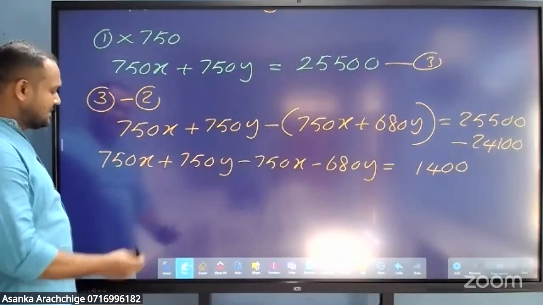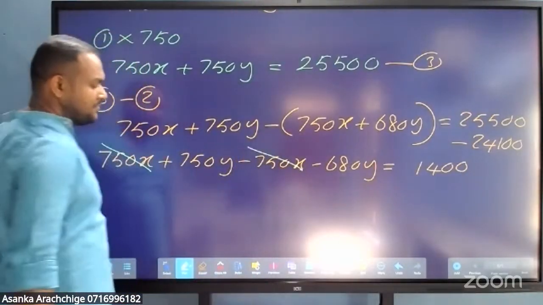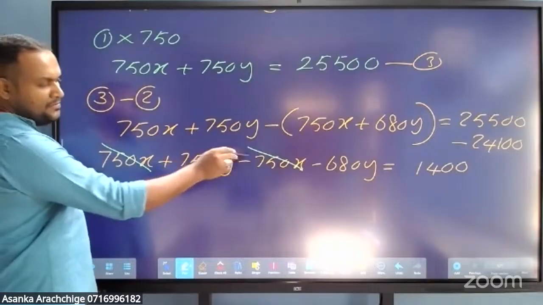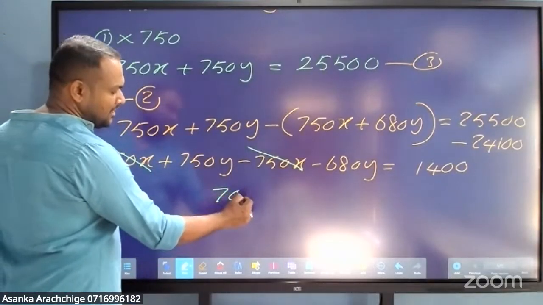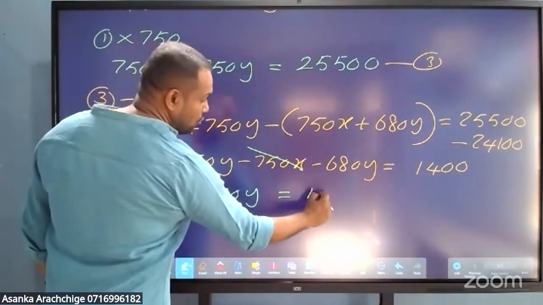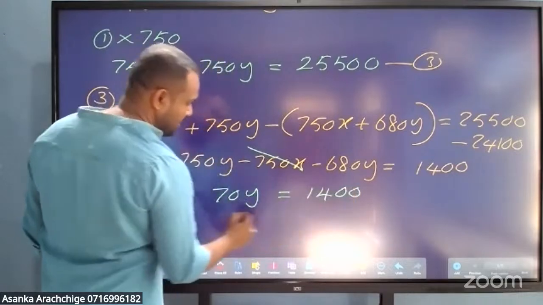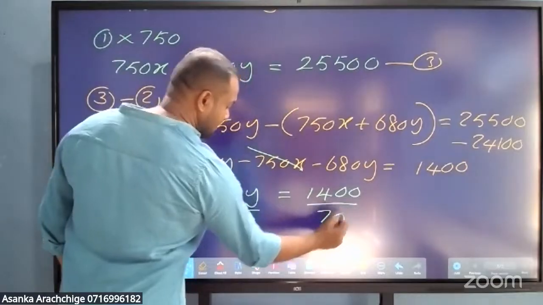Now you can cancel positive 750x and negative 750x. Then 750y minus 680y is 70y. Am I correct? 70y is equal to 1,400. Then divide both sides by 70.